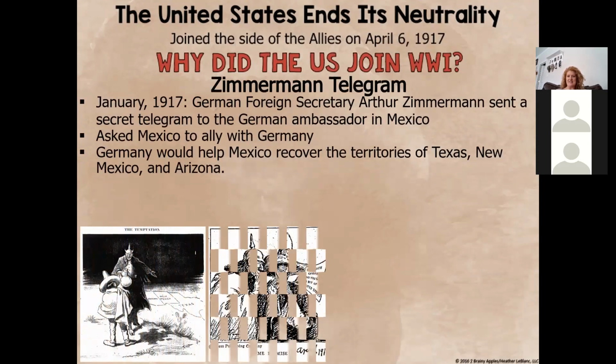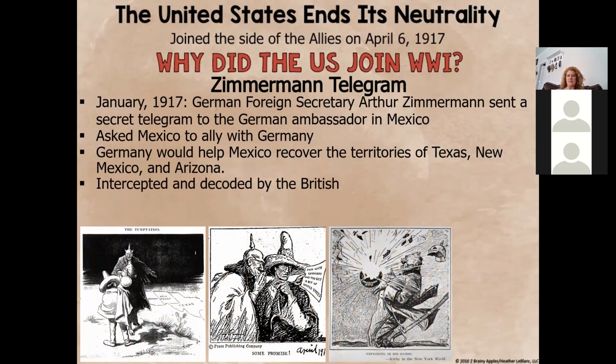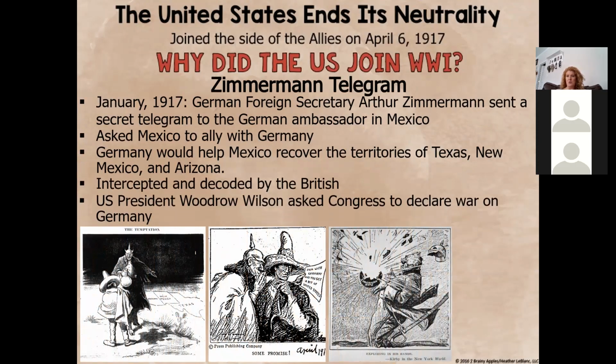Another thing happens, and this one is really probably the most bold thing that Germany did that brought the US into the war. And it's something called the Zimmermann Telegram. So in January of 1917, the German Foreign Secretary, Arthur Zimmermann, sends a secret telegram to the German ambassador in Mexico.